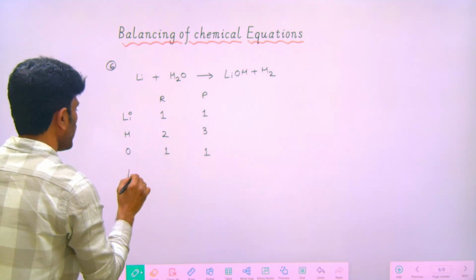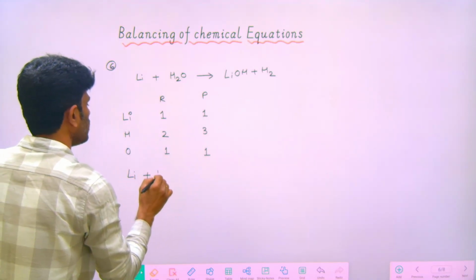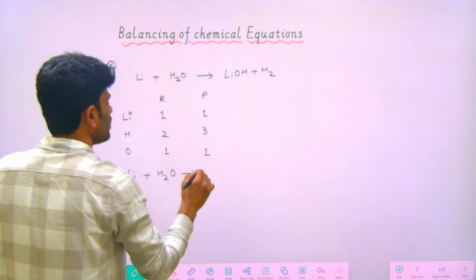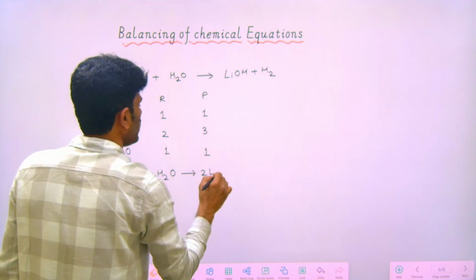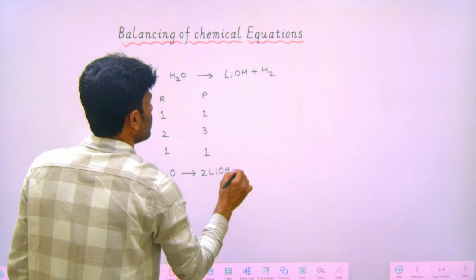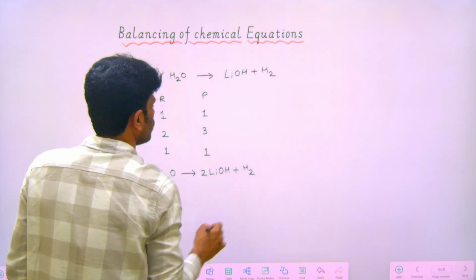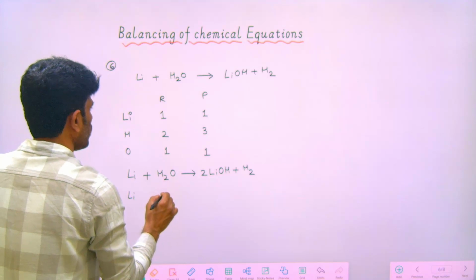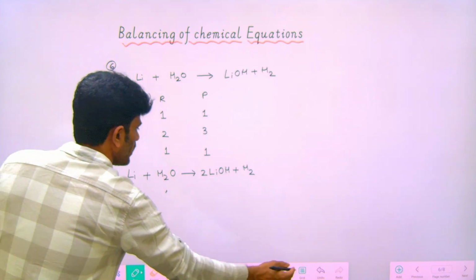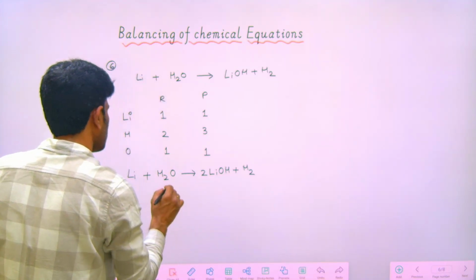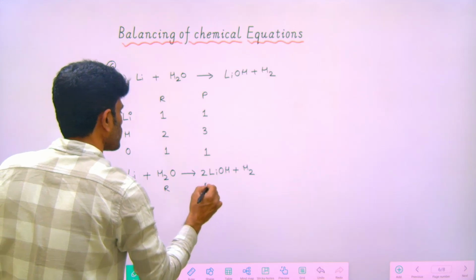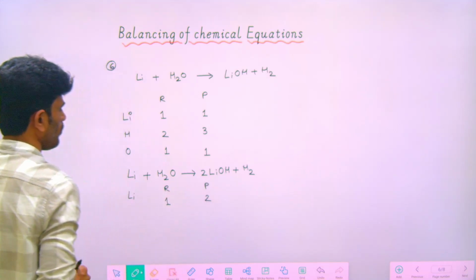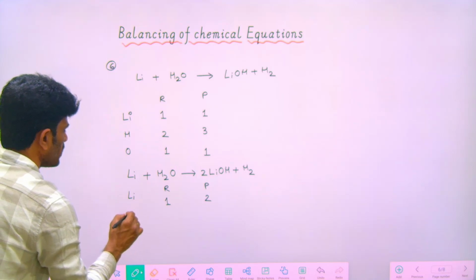So Li plus H2O gives rise to 2LiOH plus H2. So here what is happening? Li is changing. Reactant side we have only one, but product side we have two. And hydrogens.